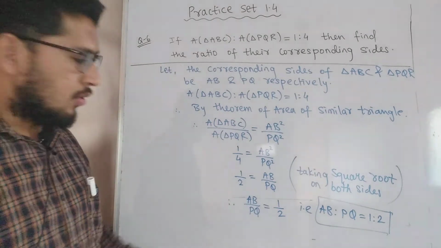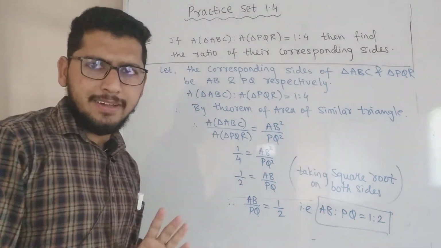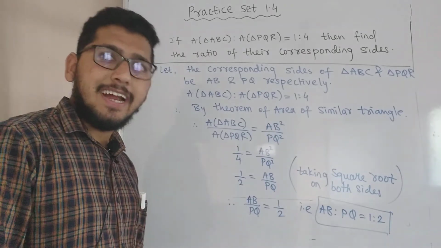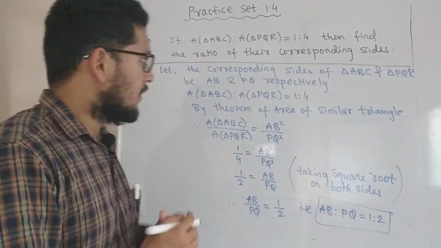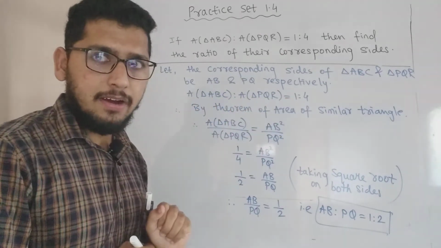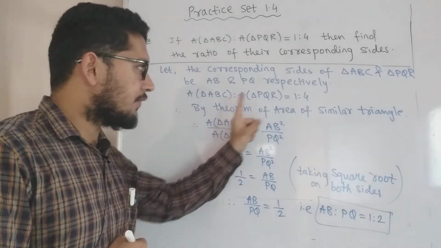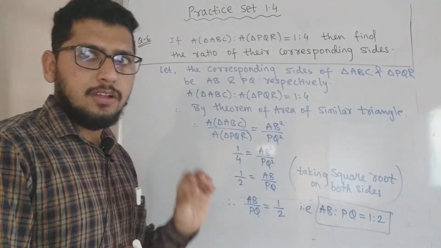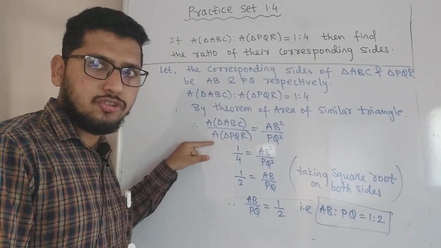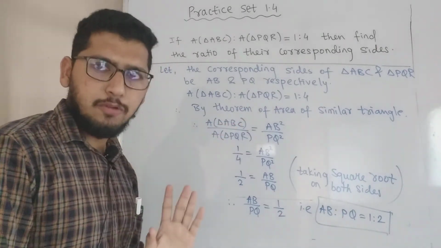Understood? So they have given the areas here. Okay, using the area of triangles we have to calculate the corresponding sides of the triangles. So here you can see area of triangle ABC and area of triangle PQR is given 1:4. After that we have used the theorem of area of similar triangles. Okay, so the theorem says that the area of a triangle is always proportional to the square of their corresponding sides.